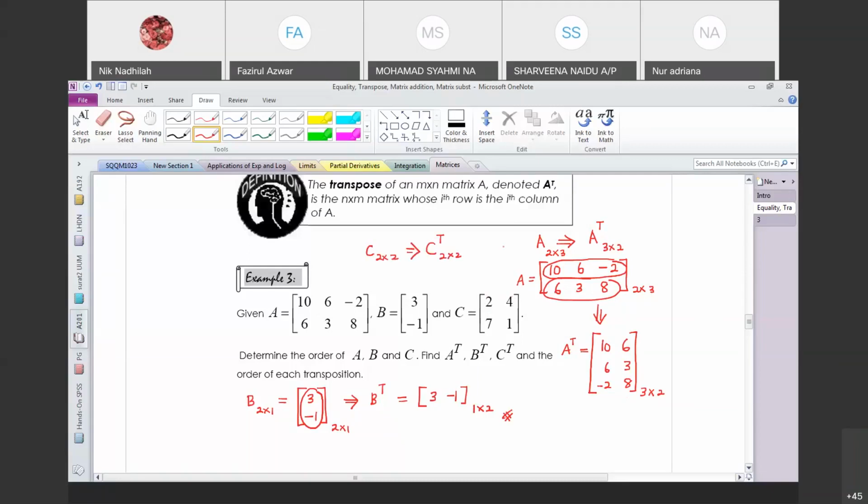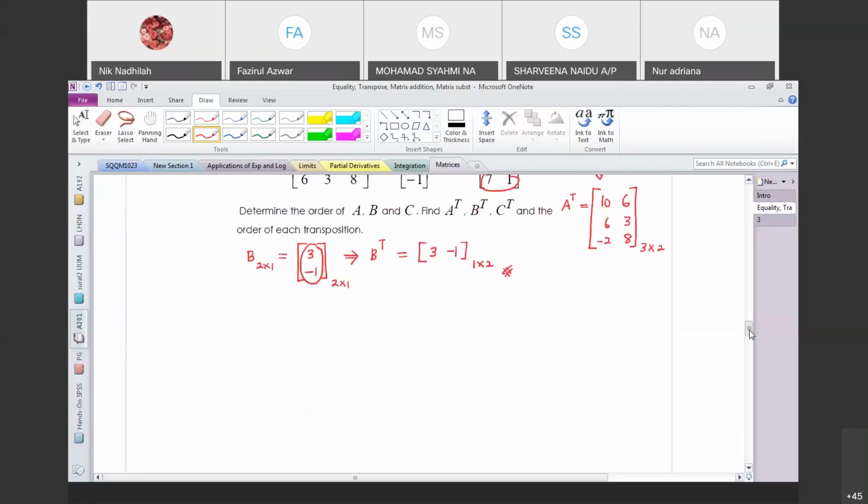That means the first row will become the first column, and the second row will become the second column. Or you can just think of one thing: the row becomes the column. That's all. So that's the transpose of any matrix.